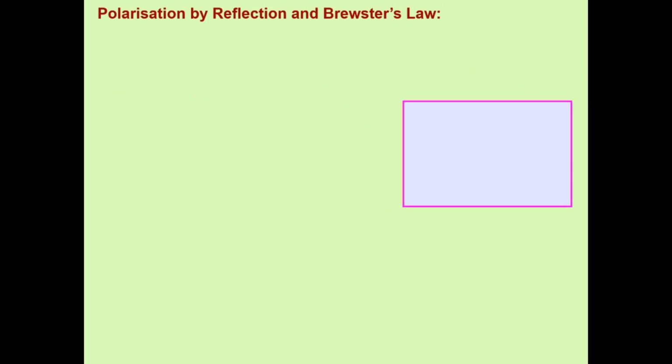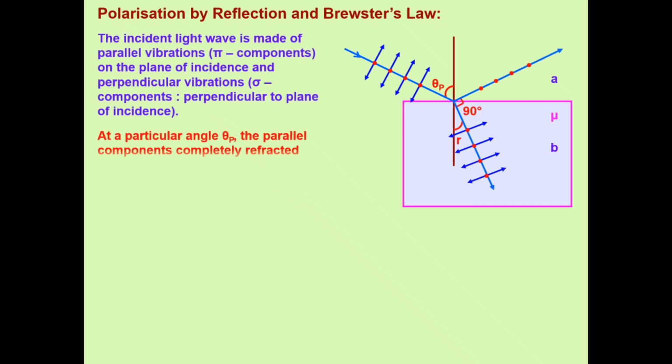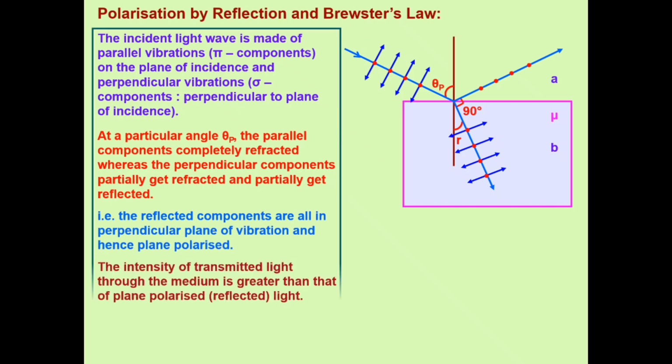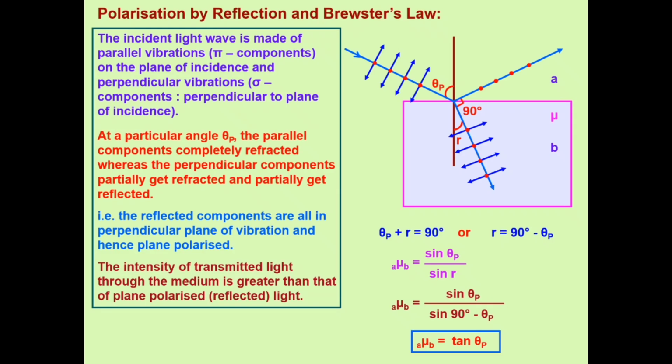After that, Brewster's law. Before starting Brewster's law, remember the three main points. Here I will take a pair of media. A pair of media is very much necessary, whether air or glass or any other.